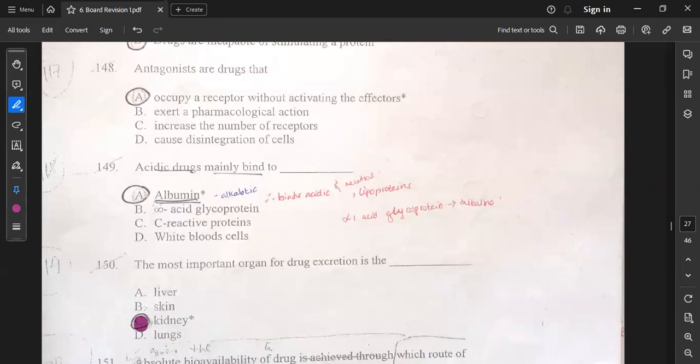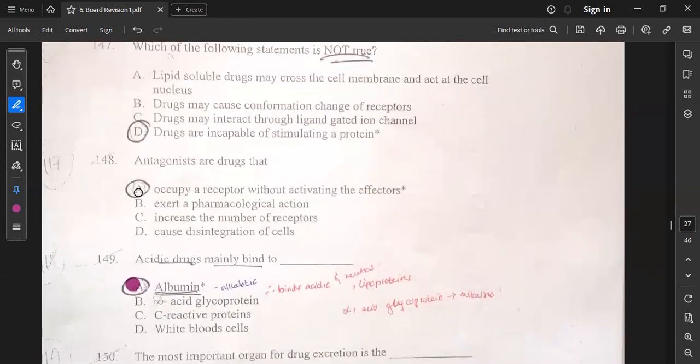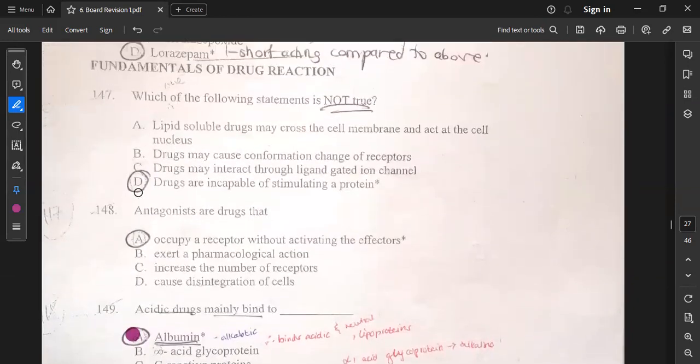Is there any basic drugs then? Alpha-1 acid glycoprotein. Okay. Antagonists are drugs that occupy a receptor without activating the effectors, exert a pharmacological action, increase the number of receptors, cause disintegration of cells.